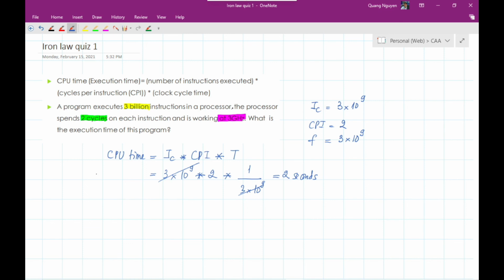But you can see that this is not very practical, because on a CPU there are many types of instructions, and each instruction takes a different number of clock cycles to finish. This is another quiz.